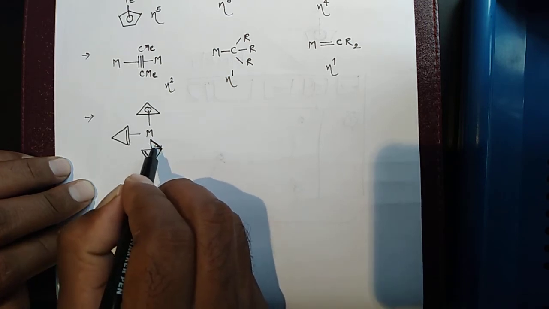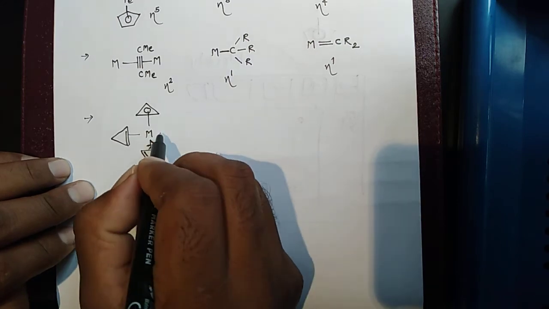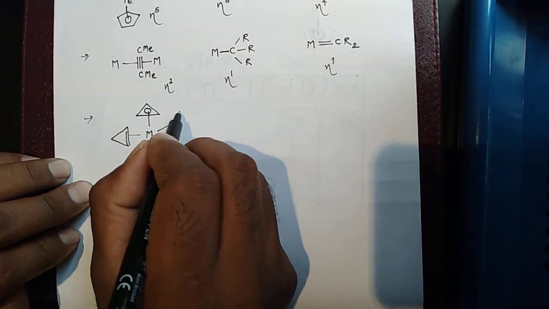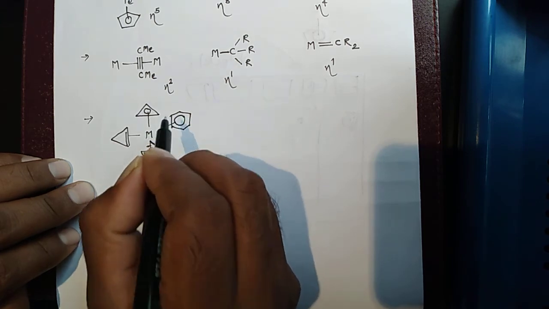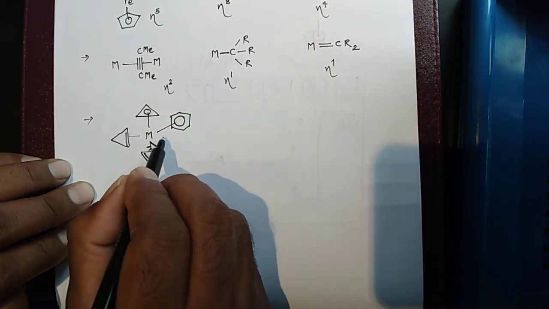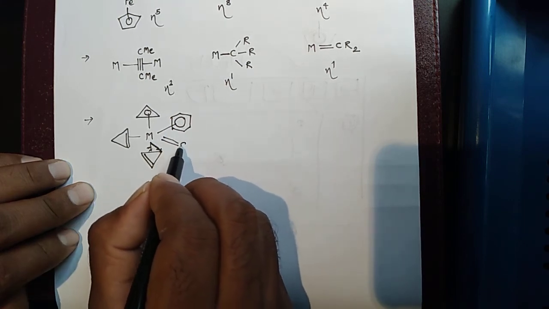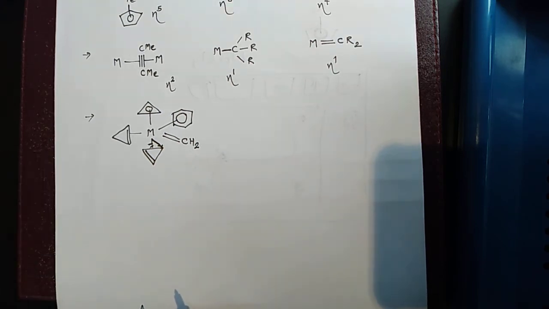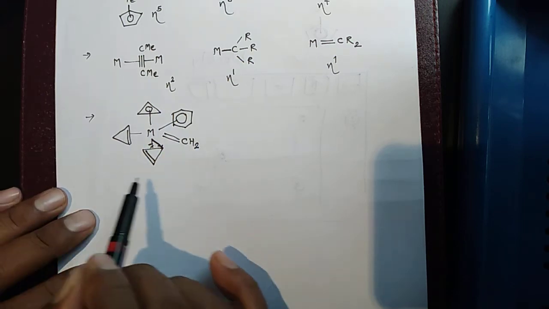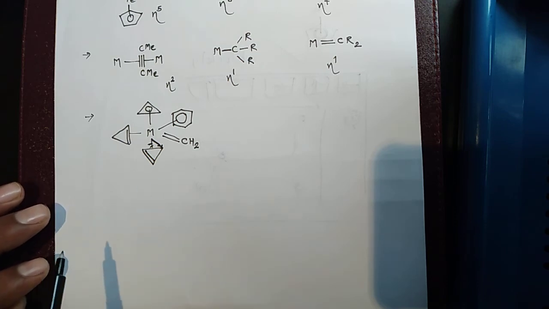So this bond is not there. Then here there is a ligand with 6 carbon atoms, and here a metal-carbon double bond having a methylene group, CH2. So how to calculate the hapticity of such a complex type of organometallic compound?